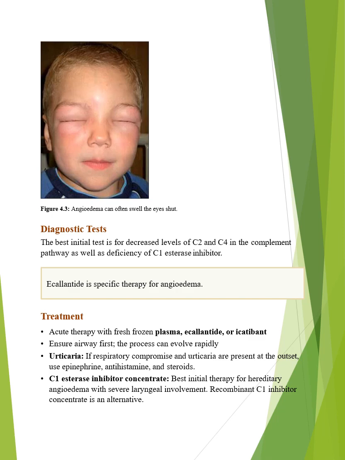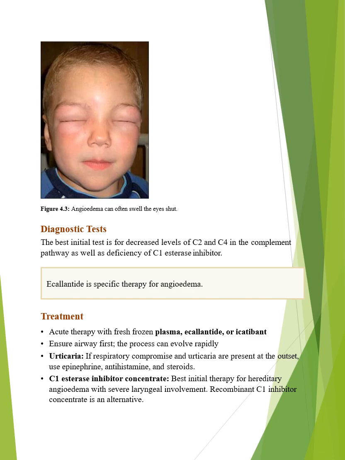And let's discuss the treatment of angioedema. The acute therapy includes fresh frozen plasma, ecallantide, or icatibant. This is number one. Number two, ensure the airway first. The process can evolve rapidly.